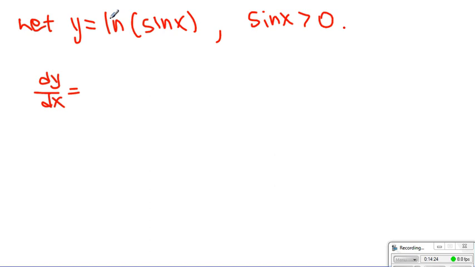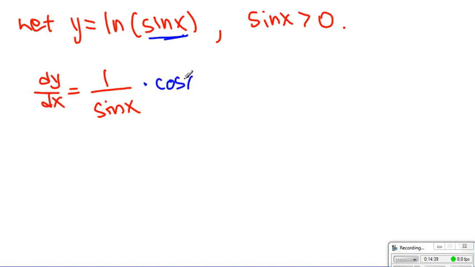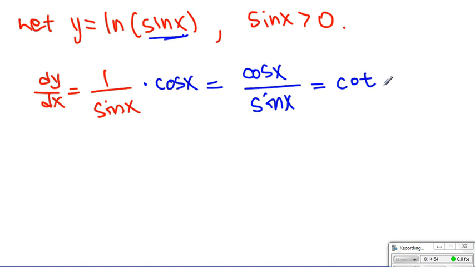First, we take the derivative of ln, which is simply 1 over sine of x. Now we have to take the derivative of the inside, which is simply sine of x. Then we get cosine of x as the derivative of sine of x. When you combine them together, we have cosine of x over sine of x, which simply becomes cotangent of x.